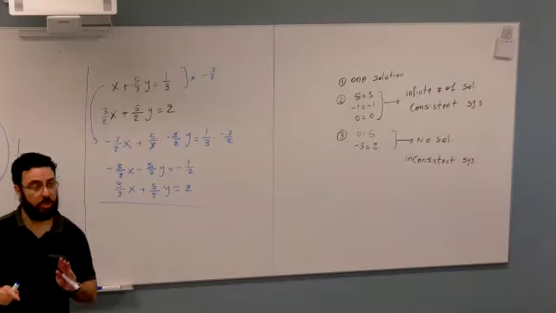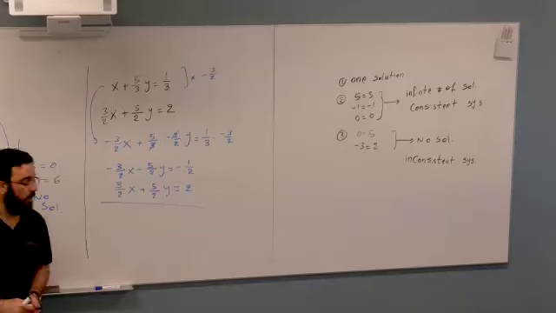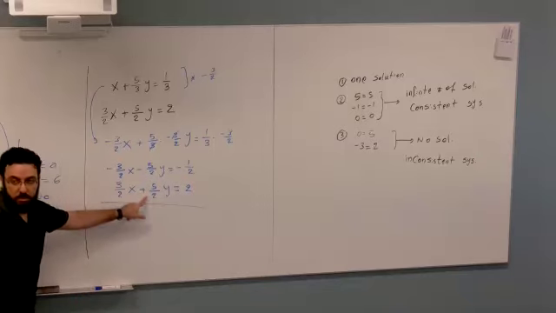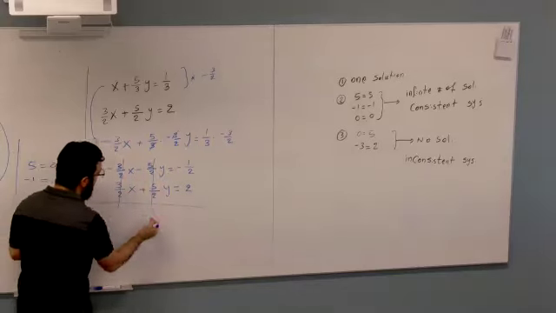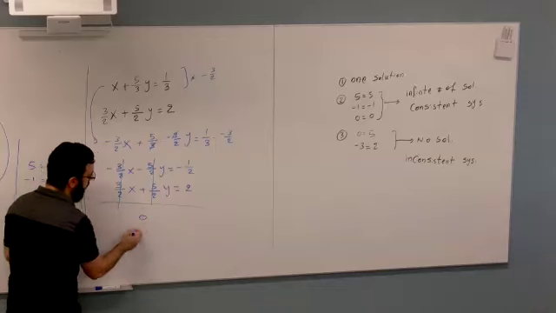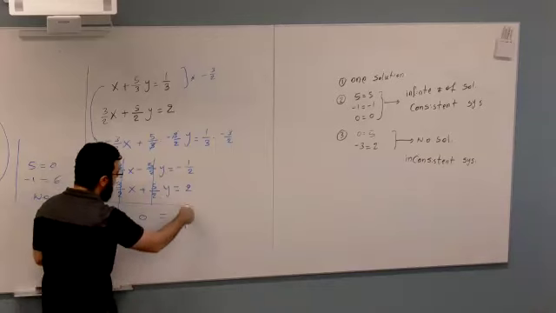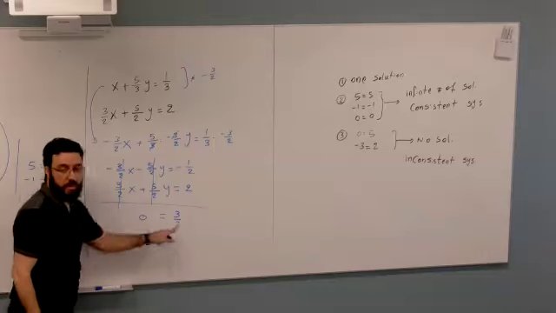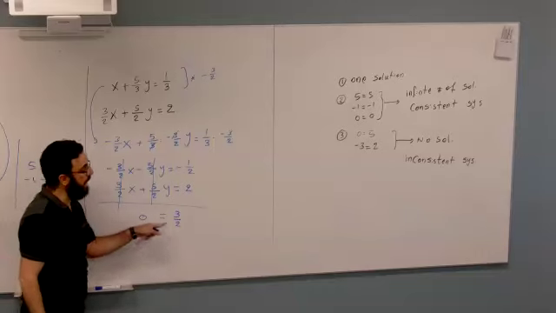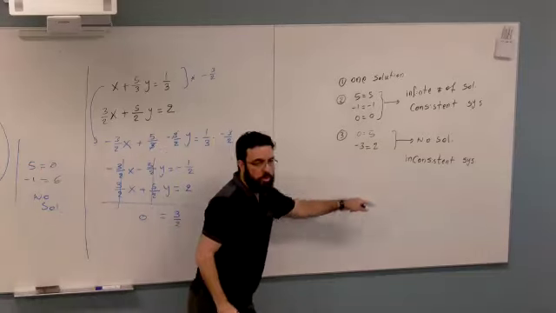You were focusing on just deleting the x. But what happened with the y? Also 0. When you add these together, the x is going to be 0 and the y 0. So this side is what? 0. When you add these, how much is it going to be? Over 2, which is 1.5. Are these two equal sides? No. What does that mean? No solution.